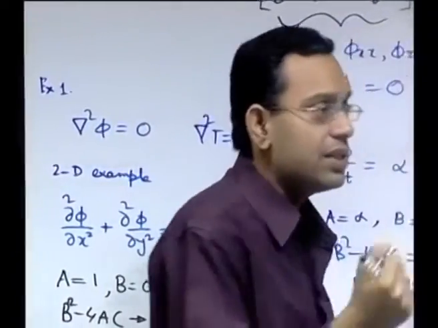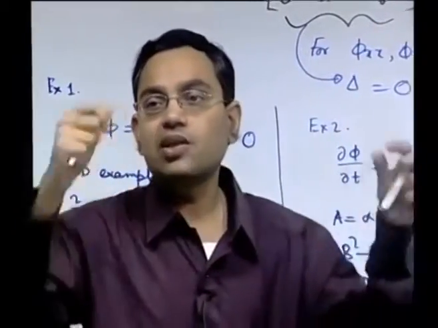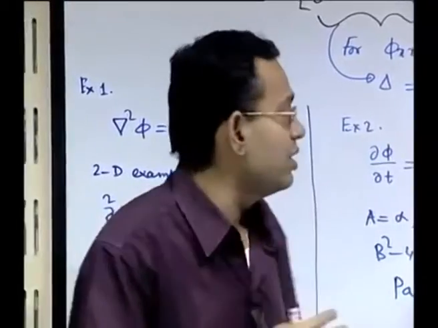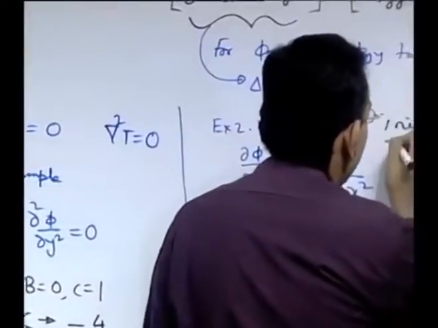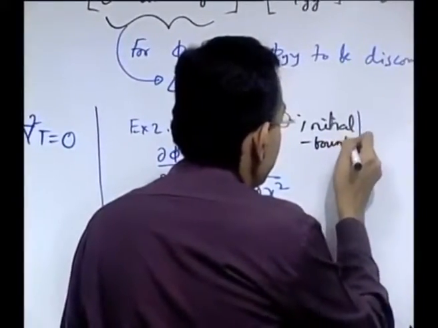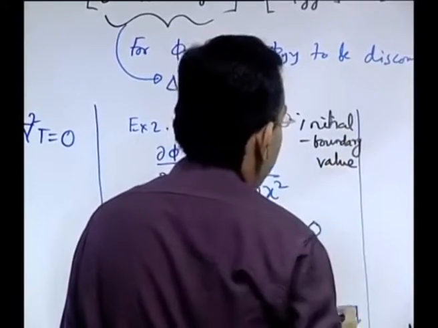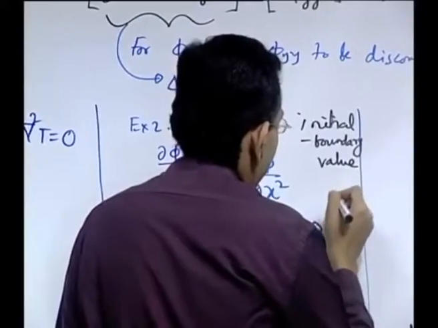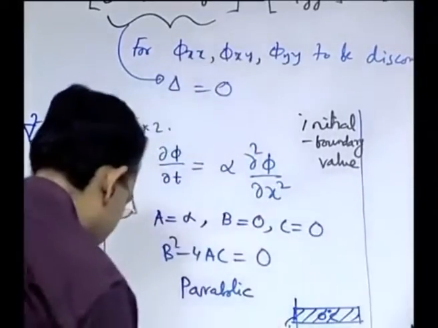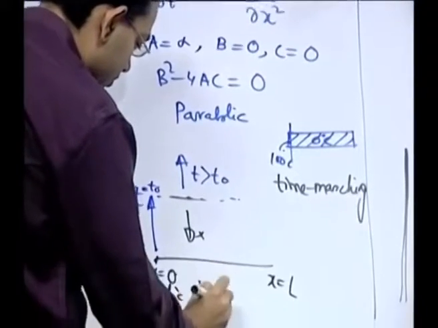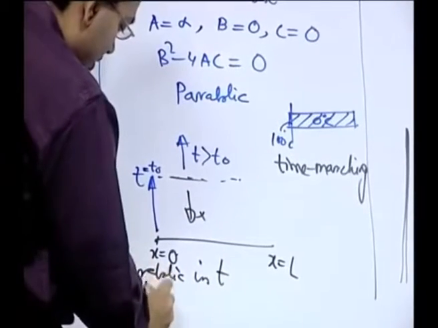But when the disturbance is imposed, it still propagates in all directions at infinite speed. So, that elliptic nature is also retained. So, it is an initial boundary value problem, a combination of initial and boundary value, and it is basically parabolic in time and elliptic in space.